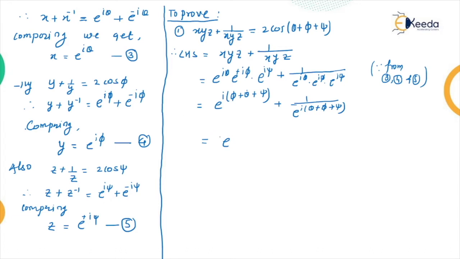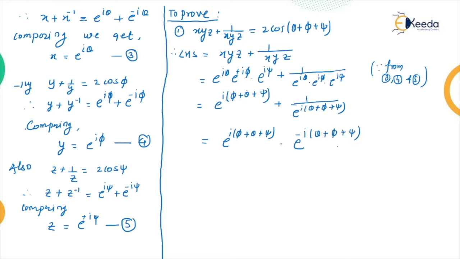This can be written in the next step as e to the power i into theta plus phi plus psi, plus the denominator term taken in the numerator as e to the power minus i into theta plus phi plus psi.